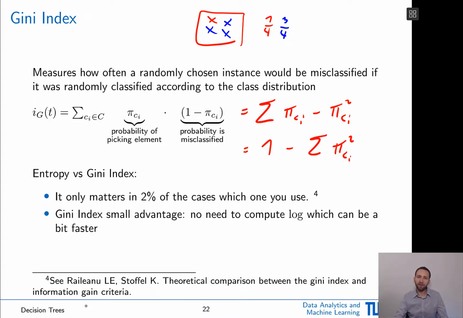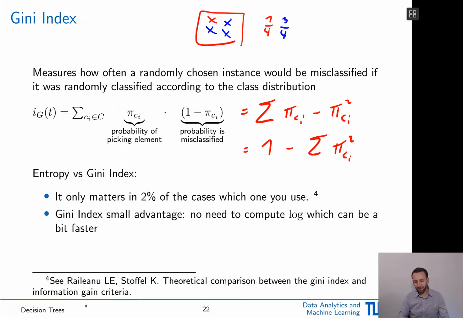As you have already seen in the previous diagram, entropy and the Gini index both have very, very similar curves. And indeed, in practice, it doesn't really matter too much. There are some theoretical comparisons, but in practice there's not much of a difference. I would say in practice you should go with the Gini index for one very subtle reason: you don't have to compute a log.